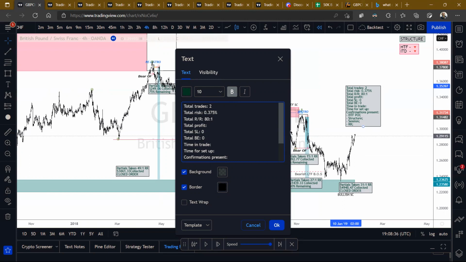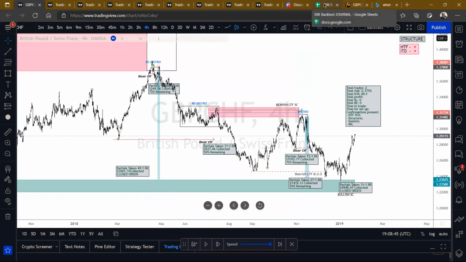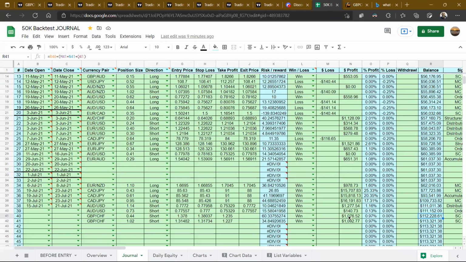Time in trade. Time profit. We got 8, this one. This one is 4.